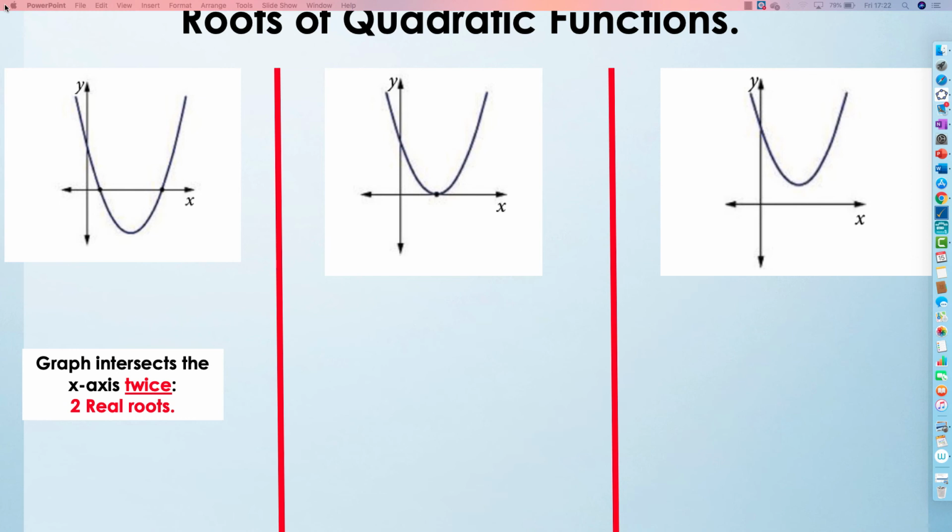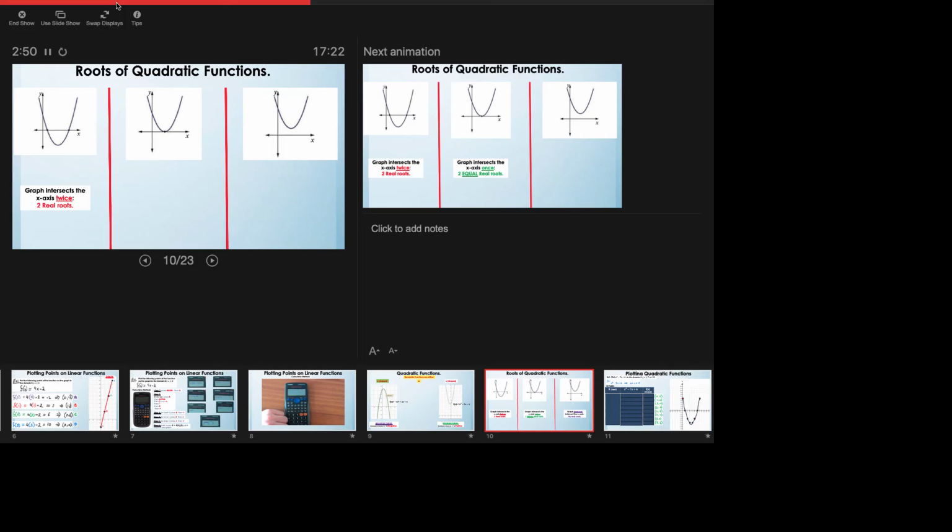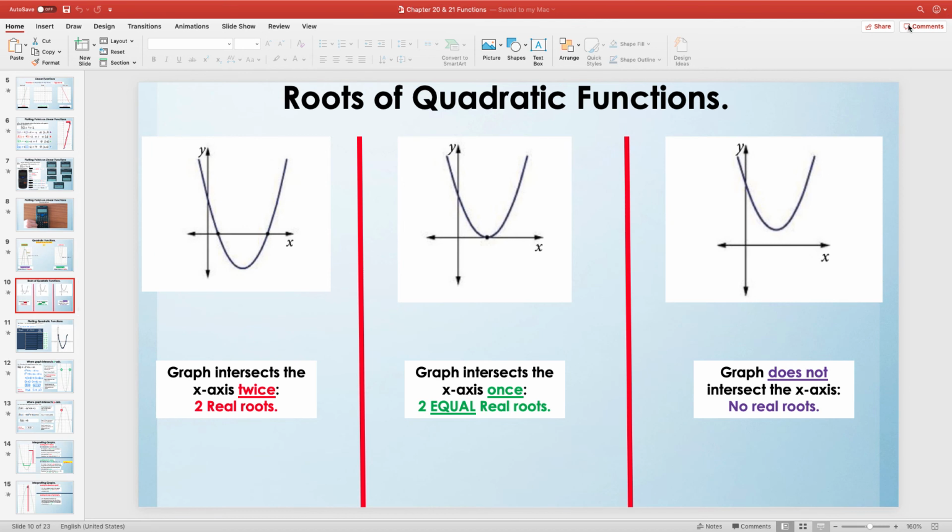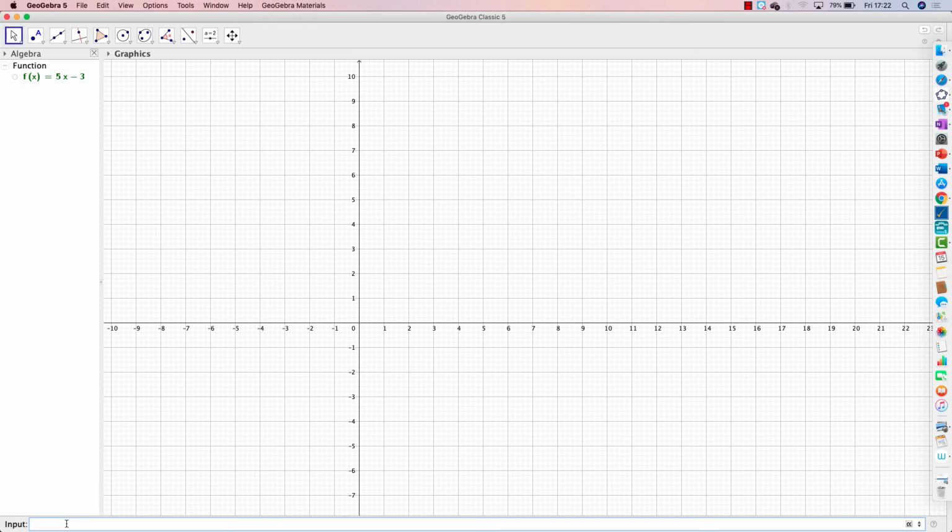In fact, why is that wrong? One minute, bit of a problem here. x squared plus 3x minus 2.